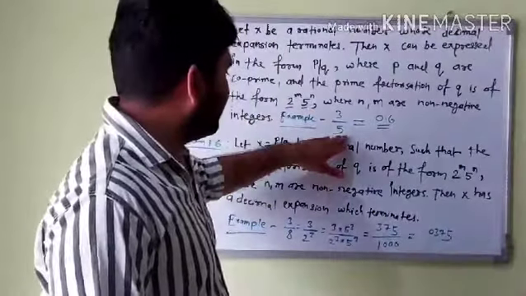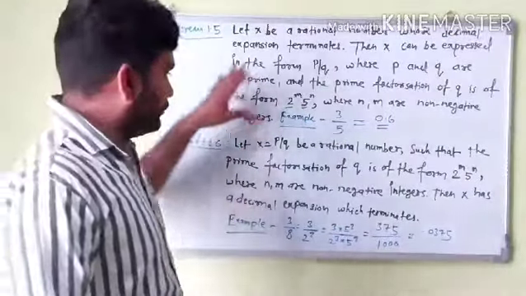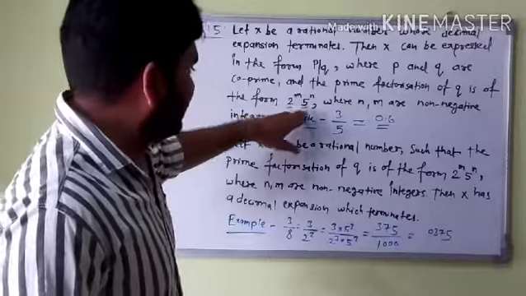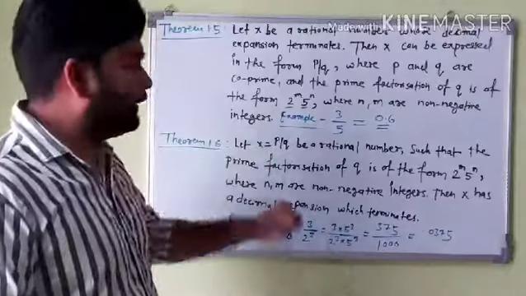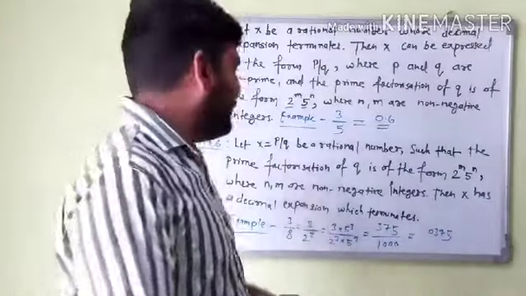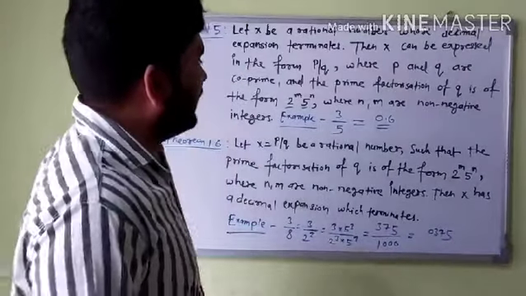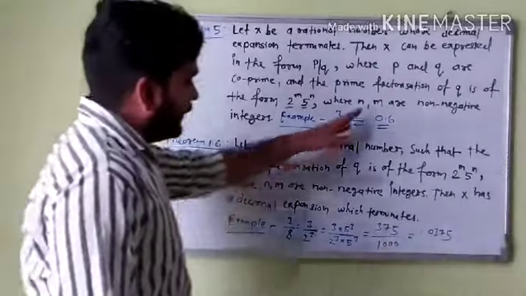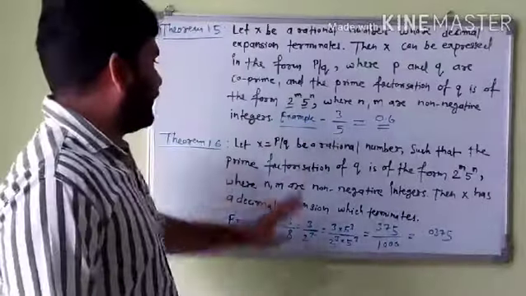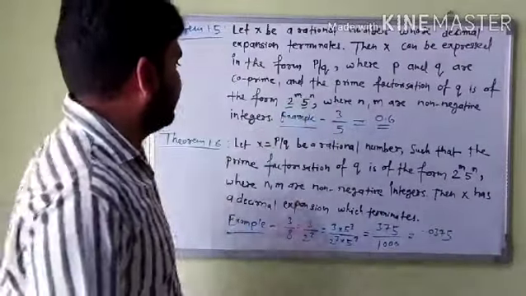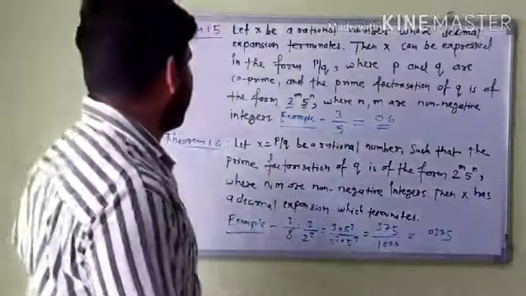Here, either one of the two factors or both should be present. This theorem does not state that explicitly, but I am telling you: if either 2 or 5 is present, the number is completely a terminating decimal. This type of number has a completely terminating decimal expansion, where m and n are non-negative integers. That is necessary. Both the power of 2 and the power of 5 must be non-negative integers.